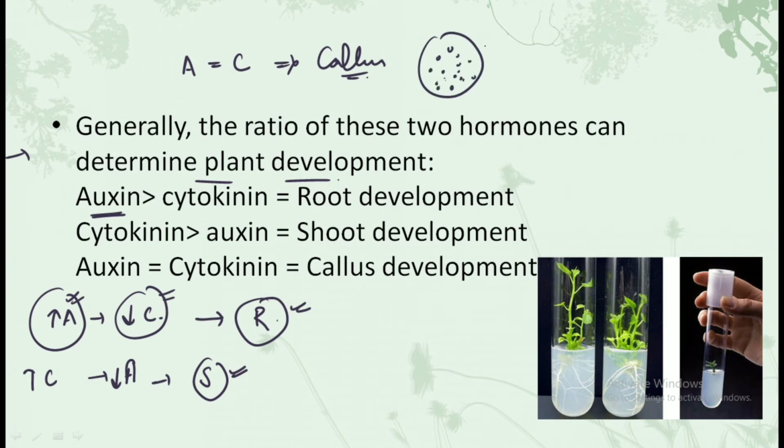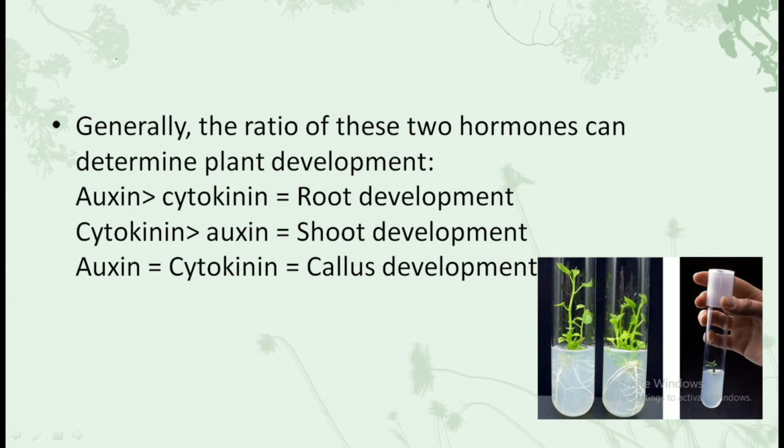Make sure you remember these ratios. The first one was that when auxin was high and cytokinin was low, there occurs more root development. If the cytokinin is more in comparison to auxin, there occurs shoot development, and if both of them are in the same concentration, there occurs the formation of the callus.